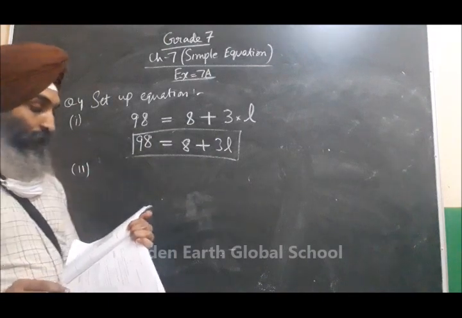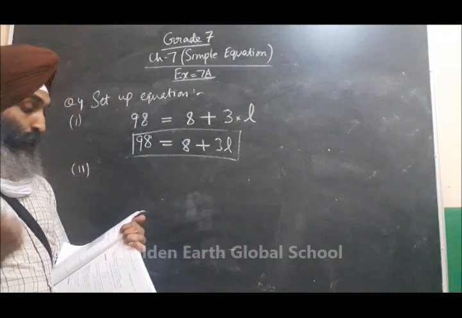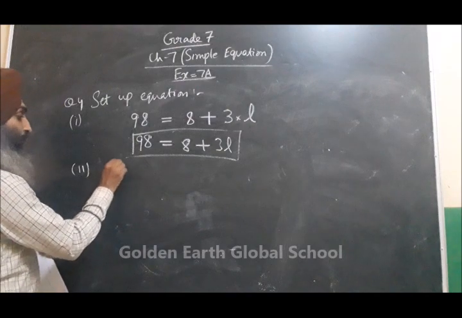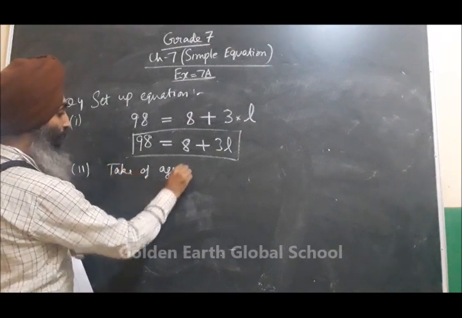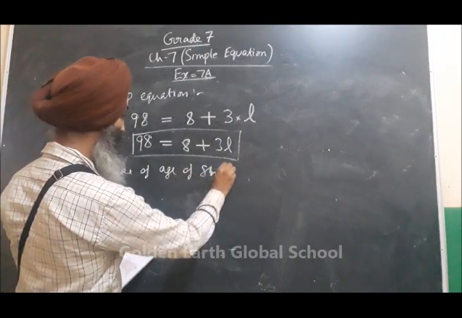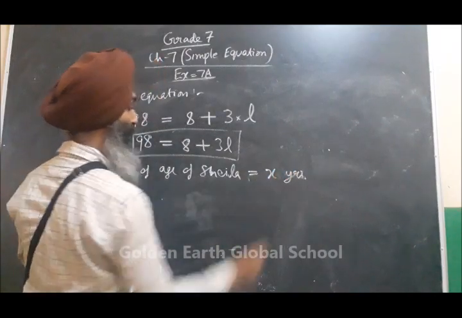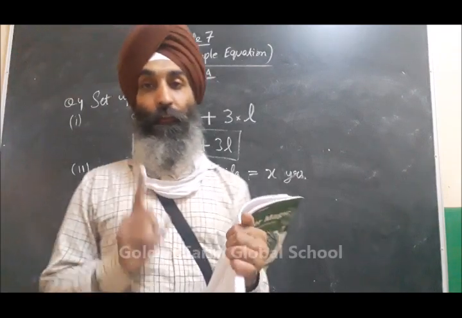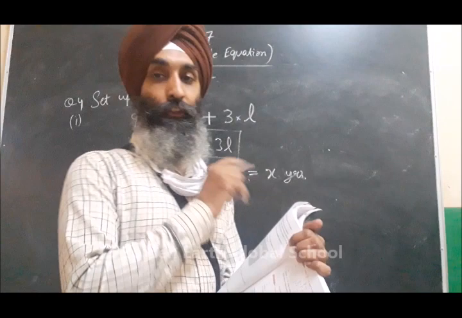Sheila's father is 3 times as old as her. Now you don't know the age of Sheila, so take the age of Sheila as x years. Now it is given in the question that Sheila's father is 3 times as old as Sheila.